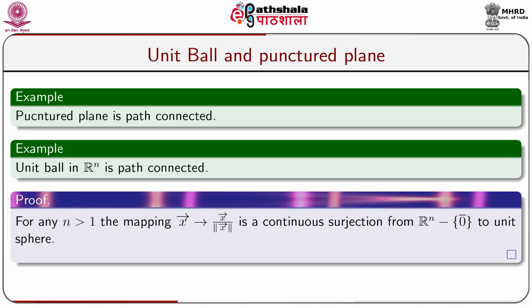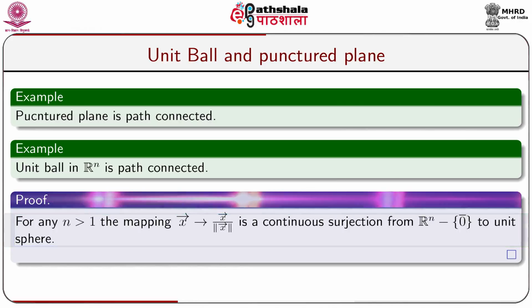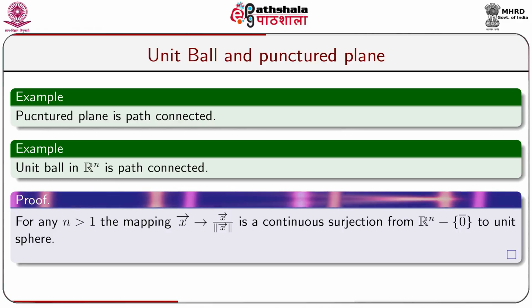In fact, the mapping x goes to x/‖x‖ from Rn minus 0 to the unit ball is a continuous surjection.